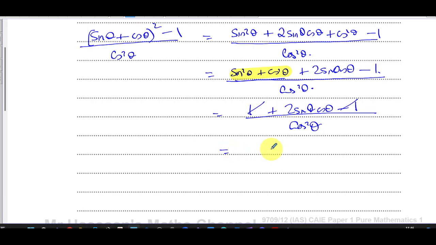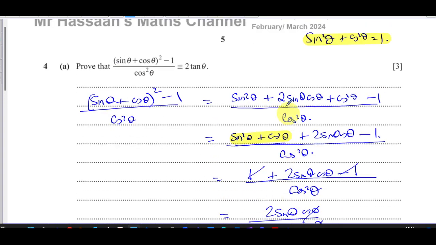Then we can think of this as 2 sine theta cosine theta over cosine theta times cosine theta. Why am I doing that? Because these can cancel out, and we're left with 2 times sine theta over cosine theta. That is exactly what we want, because our other identity is that the tan of an angle is equal to the sine of the same angle over the cosine of the same angle.